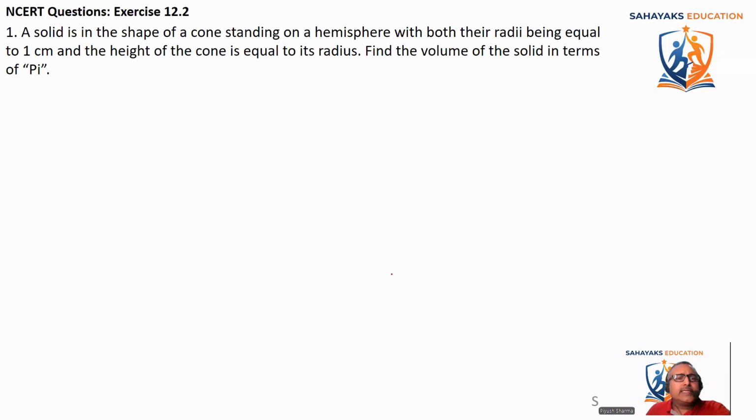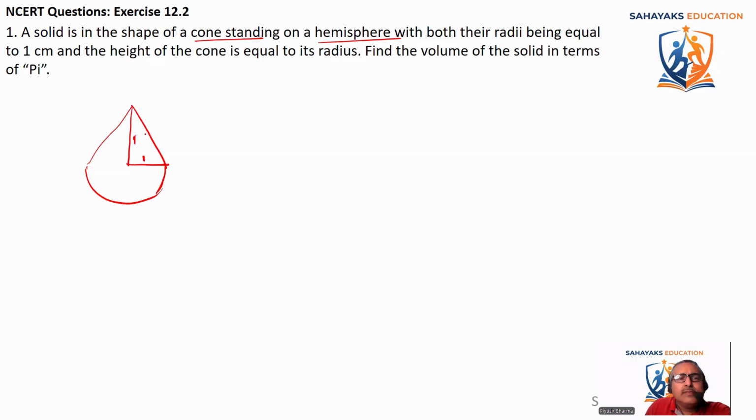So let's come to the exercise now. Exercise 12.2. A solid is in the shape of a cone standing on a hemisphere, with both their radii being equal to 1 centimeter, and the height of the cone is equal to its radius.